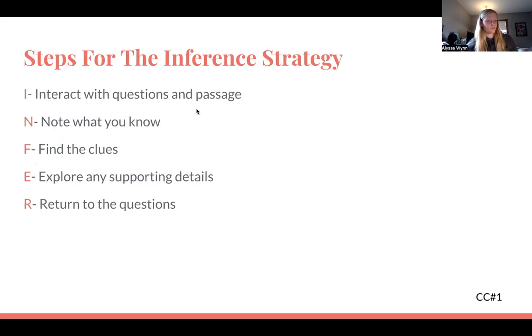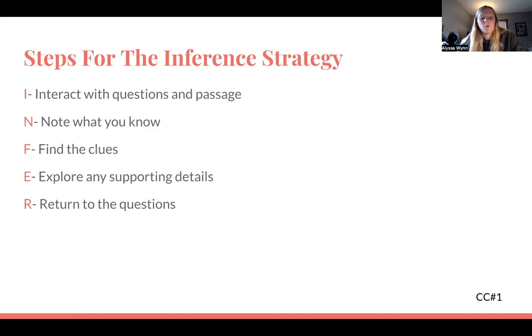All right. So we're going to review the steps for the inference strategy. I is to interact with questions or passages. For the first step, you will read the questions and think about them. It's important to read the whole question in order to answer it correctly. The N is for note what you know.